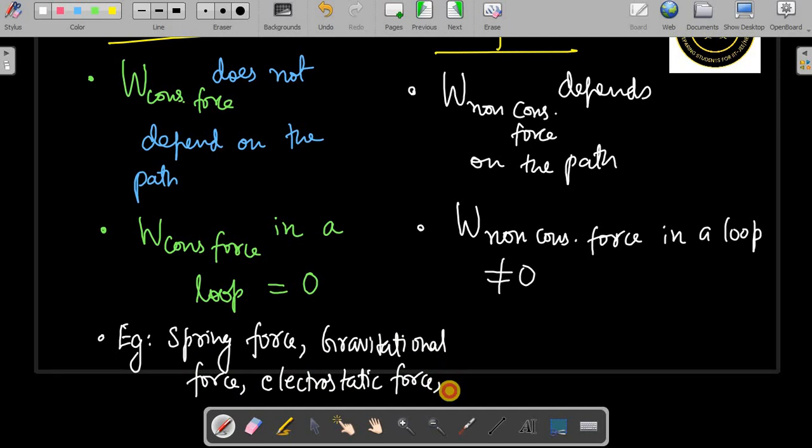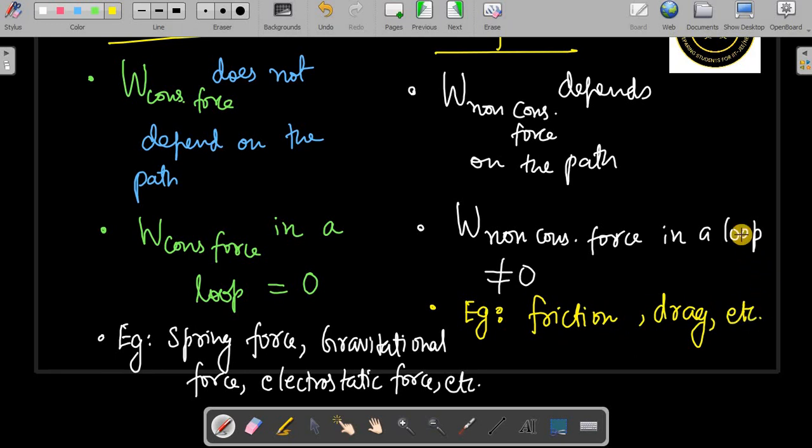All these are examples of conservative forces. Non-conservative force means where there can be a loss of energy. Examples: friction or drag force, etc. So all kinds of resistance forces are non-conservative forces.